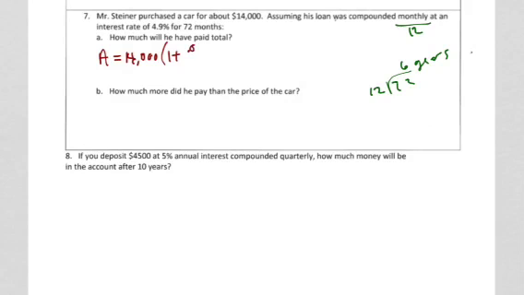So that's 0.049. Divided by the N number, and it said back there that we're compounding this one monthly, so that would be a 12. And then my exponent needs to be N times T. Well, that N, 12, I just used it. And then T in years, we just found out that's 6.